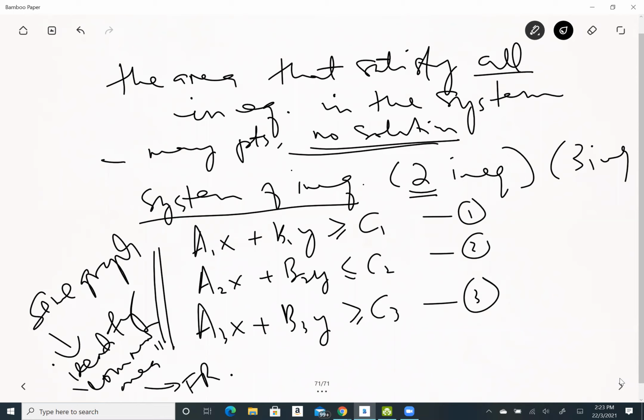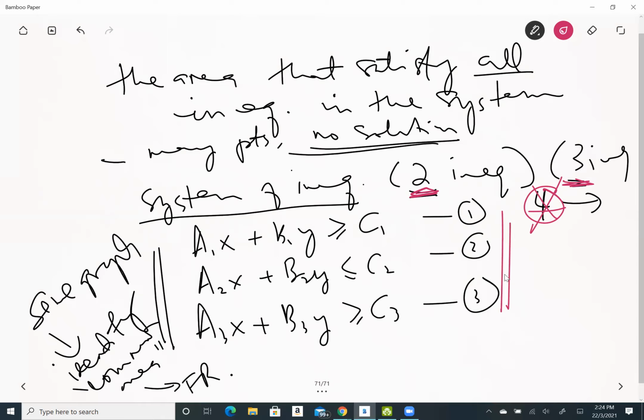But normally we will encounter either two or three, because that is manageable to draw. We don't consider four, but there are systems with more inequalities. That is a system, and the method we use to determine the solution is the graph method.